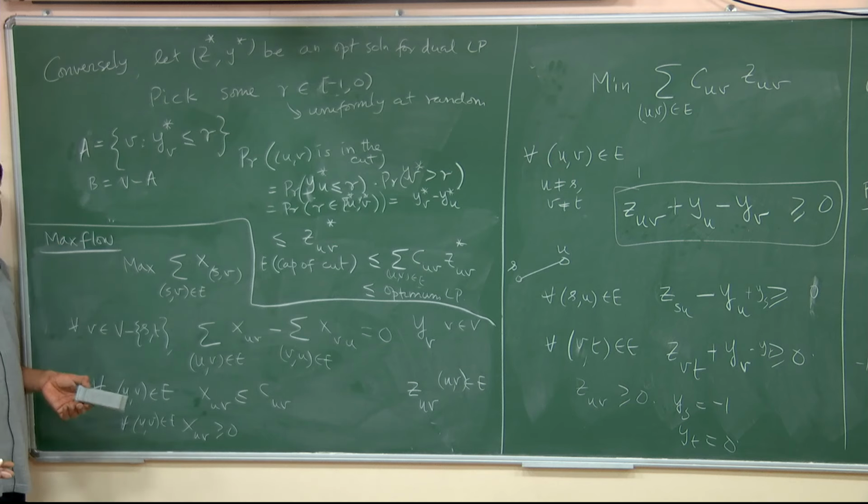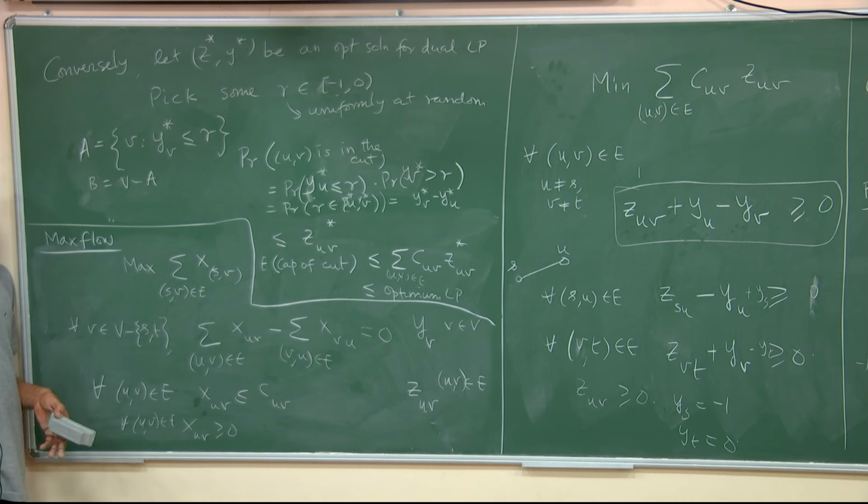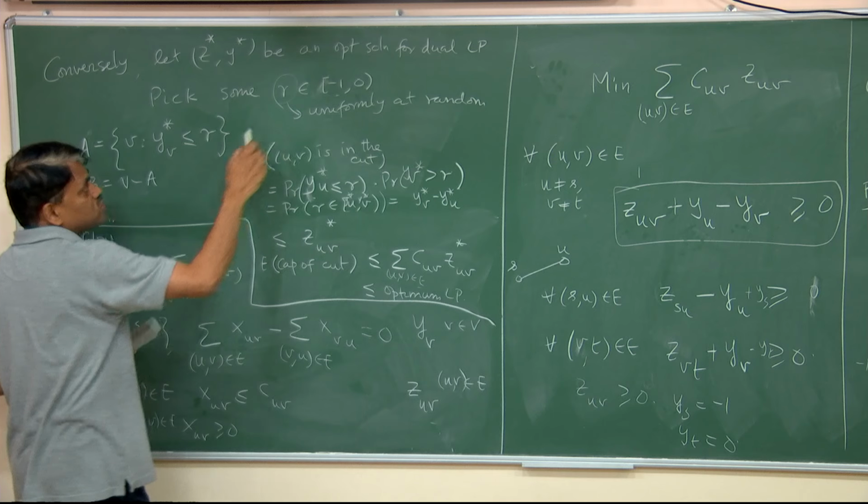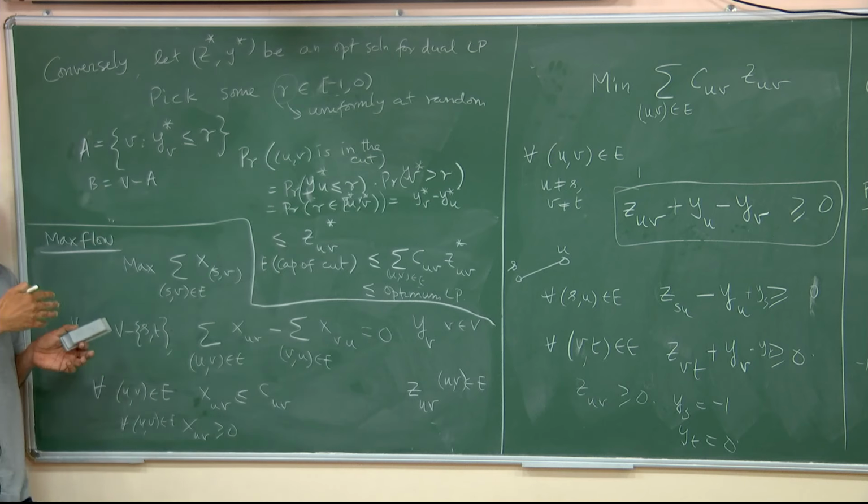So what is this expectation over? When I say expectation, what is my random choice? So this expectation is over R. I'm averaging. I just pick an R and look at this cut value. Try a different R, look at the cut value, and I'm saying that this average is at most this much. So there must be an R for which this is at most this much, right? This is the cornerstone of the probabilistic method.